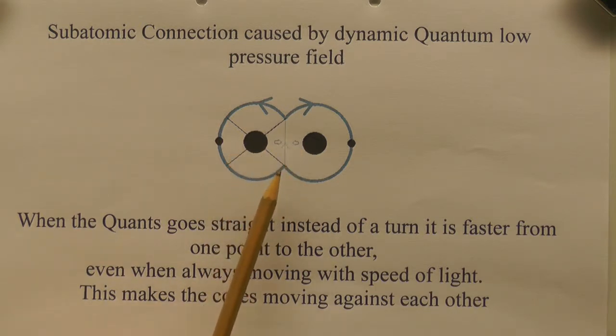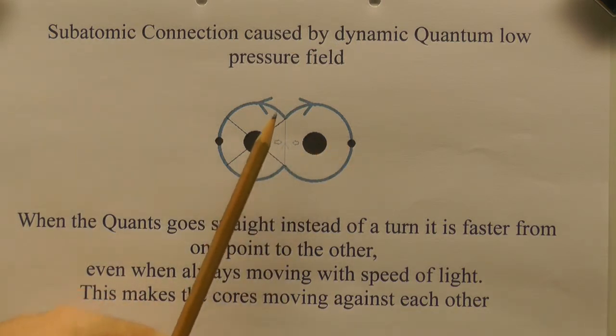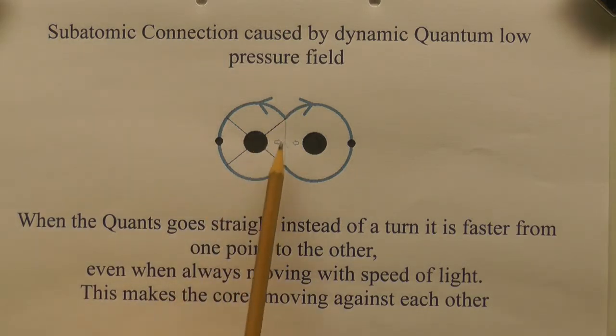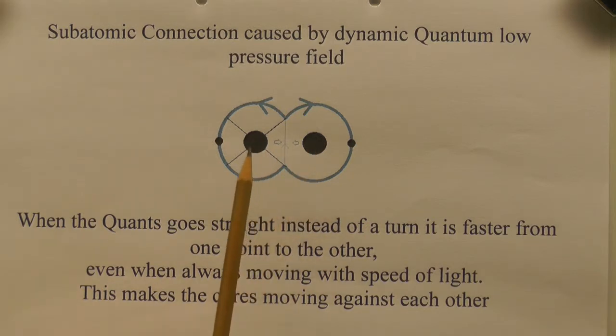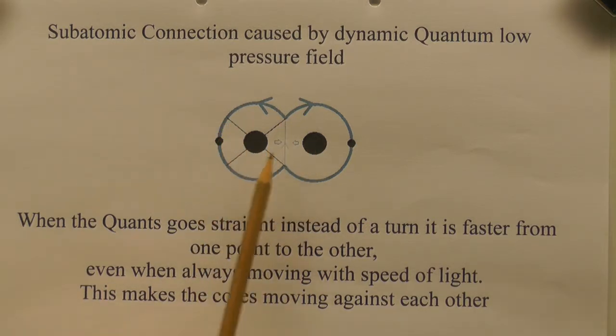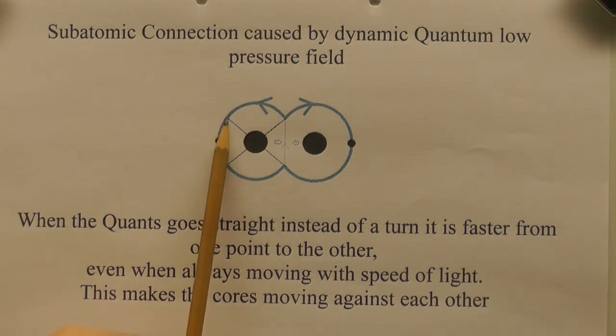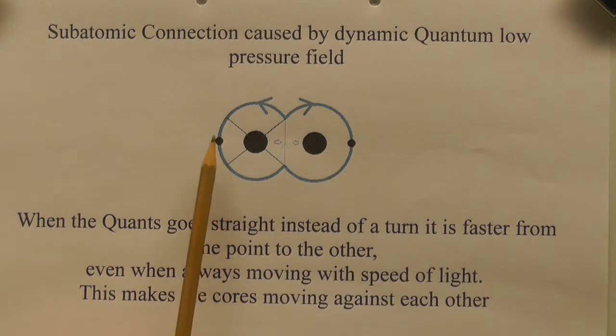So, when two quants come together, they cannot penetrate each other's quantum field. The field changes shape, making a straight line between both quants. And with this straight line, the quantum is faster on this side, because it goes straight, than on the other side, because it's moved in an arc. It turns.